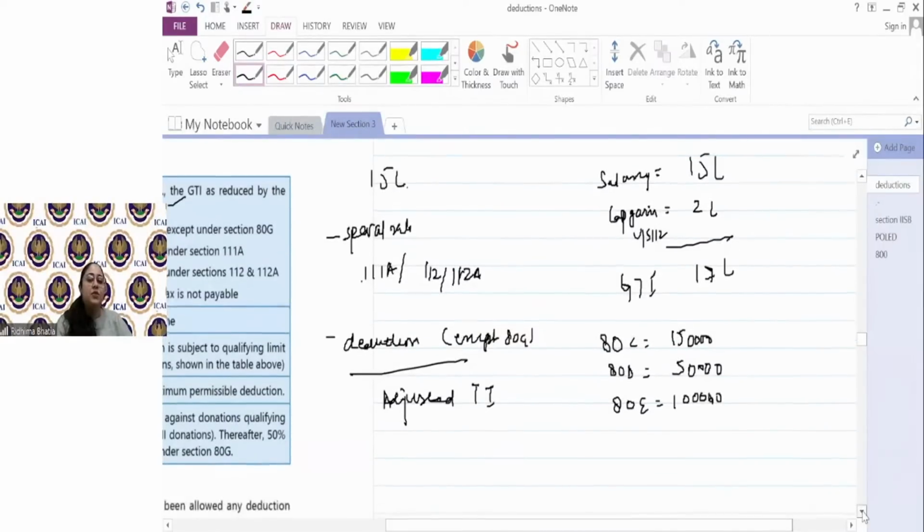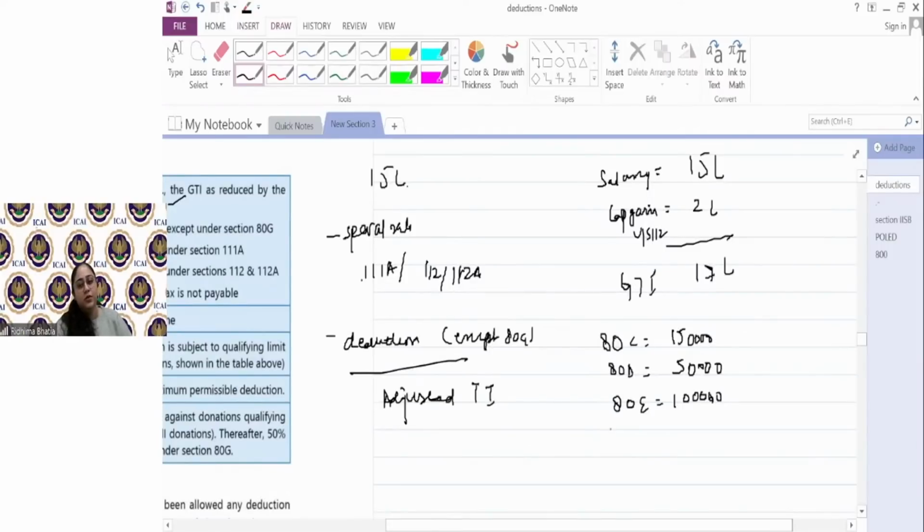Now what is his adjusted total income, guys, if I want to ask? 17 minus 2, which is gross total income, is his capital gain हटा दिया. 15 minus all deductions except 80G, so that would be 15 minus 3, that is 12 lakhs. So the adjusted total income here is 12 lakhs. Okay. Now the qualifying limit, guys, is 10% of adjusted total income, which is 1,20,000.